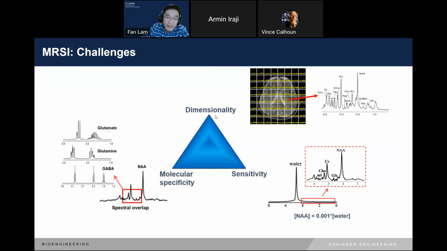On top of the high dimensionality and sensitivity challenges, we also face a tremendous challenge in accurately separating different molecular components. As you will see in this one-dimensional spectrum acquired from an actual brain, the spectral features from different molecules overlap together. Only some major metabolites, like NAA, creatine, and choline, are much easier to measure.